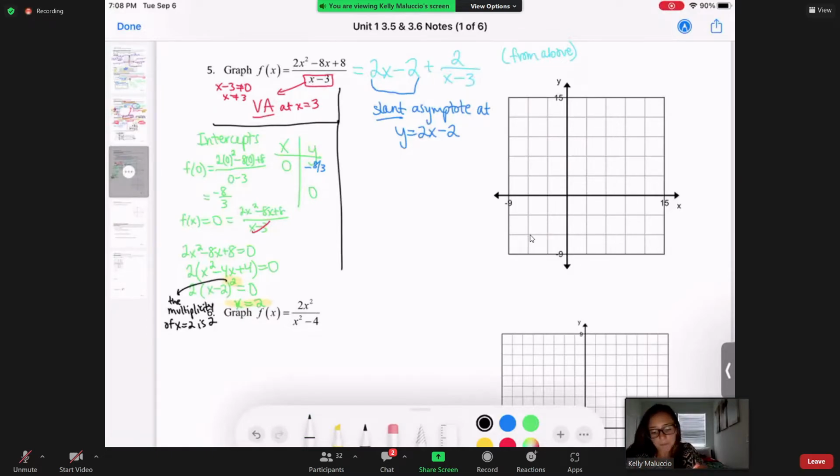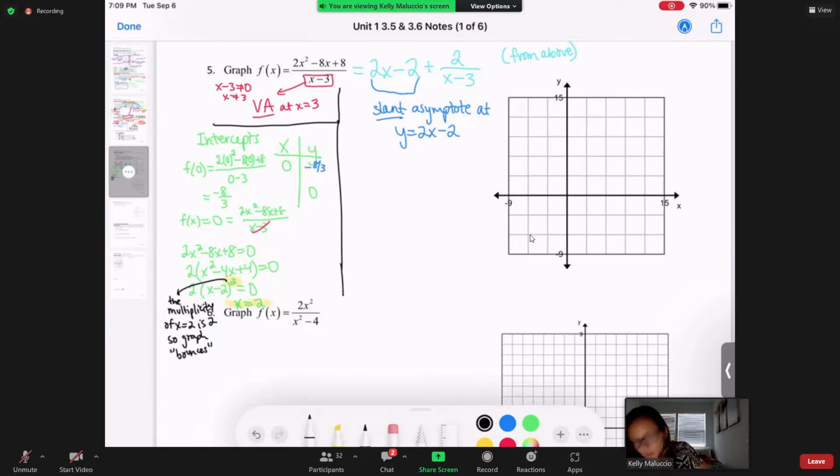Because the multiplicity is even, the graph is going to "bounce" off of that point. I'm putting it in quotes, and you'll see when we graph it what I mean by bounces. You can adjust the wording as necessary.